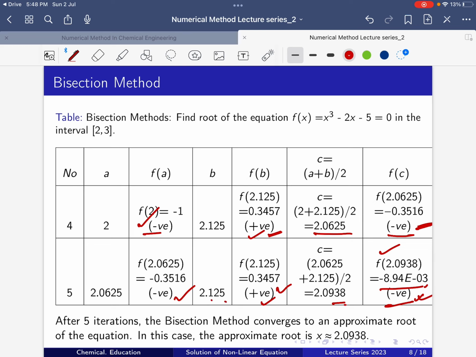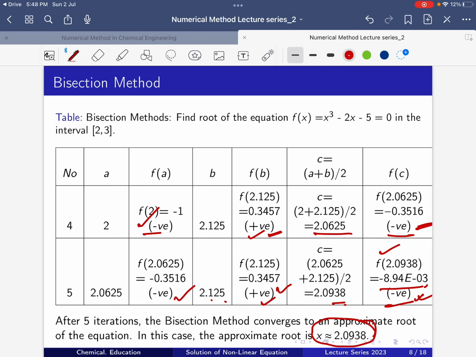Now after 5 iterations, the bisection method converges to an approximate root of the equation. In this case the approximate root is 2.0938. At x equal to 2.0938, the function value is nearly equal to 0. So that is the root of the equation, the root of the function.